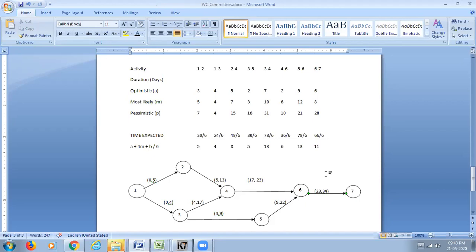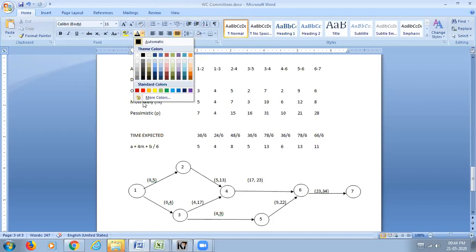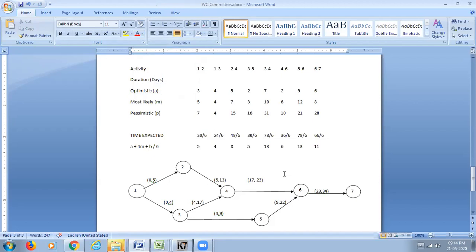So from here on, you can find the backward timing. When it comes to backward timing, I'm going to use a different color here. Let us use a red color for the backward timing.